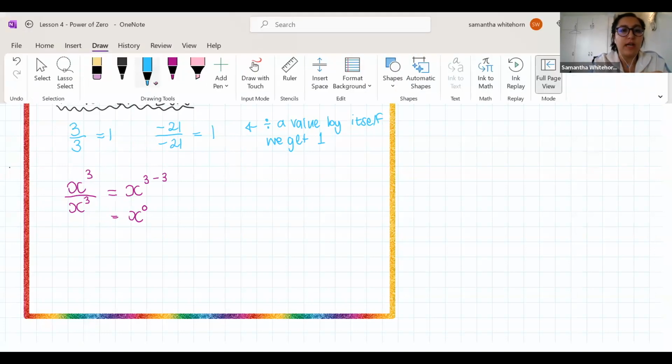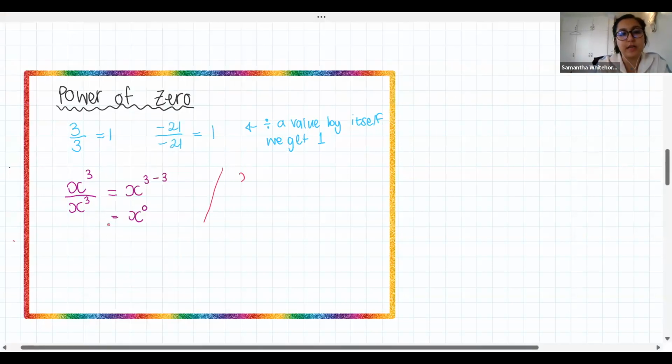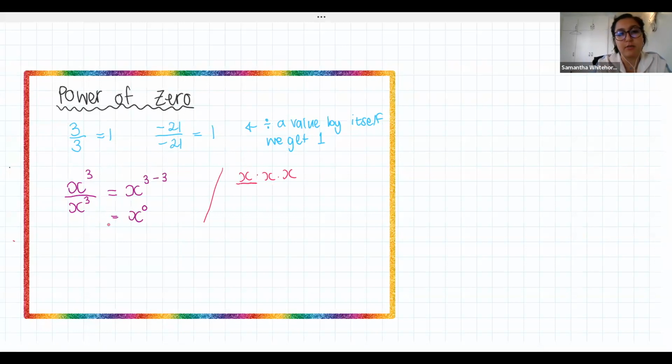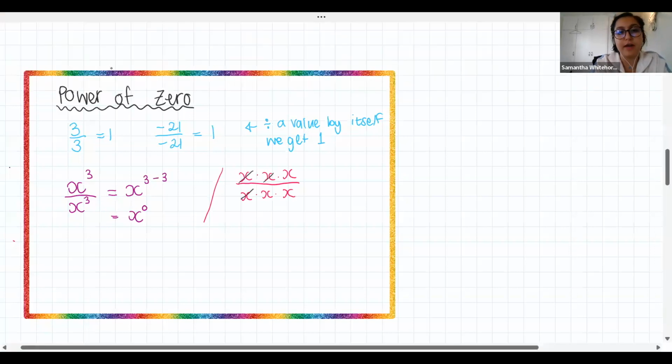So if we now take a slightly different view on this, we could also view this as x times x times x, because that's what x to the power 3 is, divided by x times x times x. So we could expand. We know that when we expand, we can cross cancel to simplify.